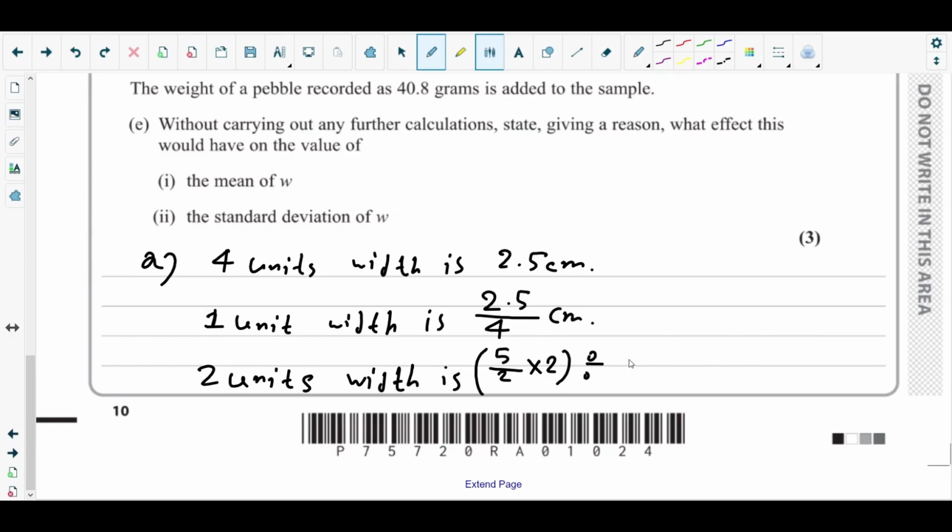Let me write it separately since there's small place. So 5 over 2 times 2 over 4, that is 5 over 4, that means 1.25 centimeter. So the width is 1.25 centimeter. Done, we got the width.